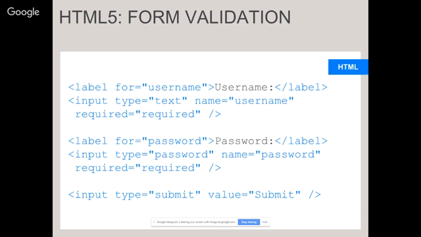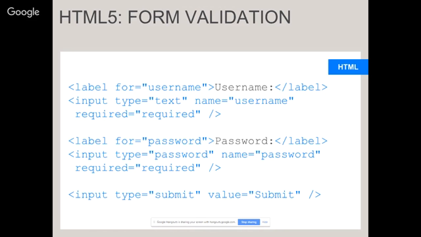Normally for more advanced form validation, we're going to be using JavaScript because it requires a scripting language. But HTML5 provides a very easy to use and very simple form validation, in the form of an attribute. If you have a field that you want to make sure the user enters something, all you have to do is add the required attribute and set it to required. This will make it so the user will be required to enter something in the username field.